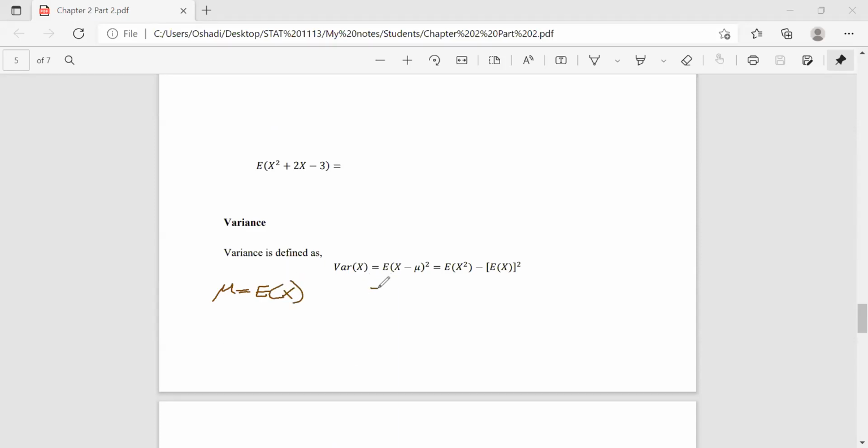So the variance of x can be written as the expected value of x minus the expected value of x, the whole thing squared. Then if we square this, x squared minus 2 into the expected value of x, plus the expected value of x, the whole thing squared.